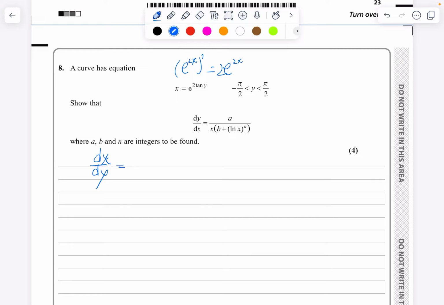So we do this as the first step. That would be 2e to the 2 tan y. Then we have to find the derivative of tan y. It should be 2 tan y.